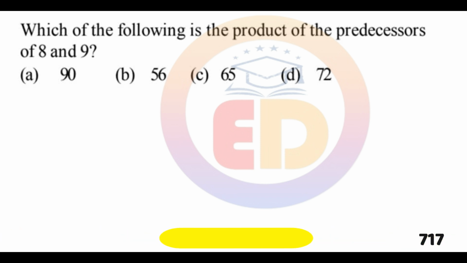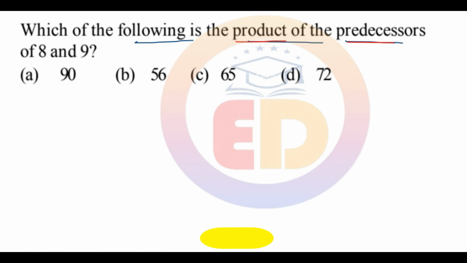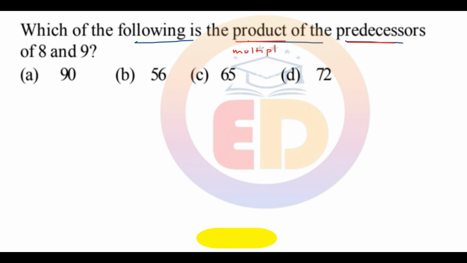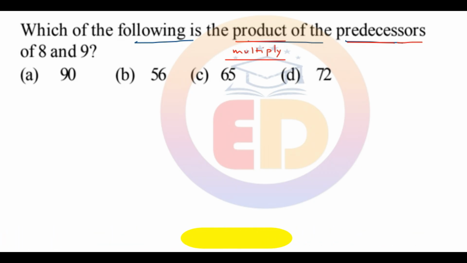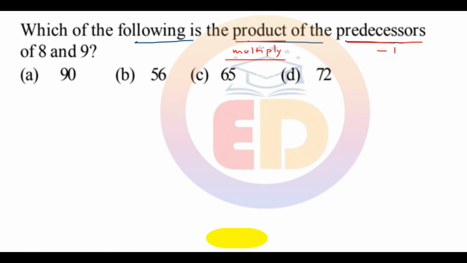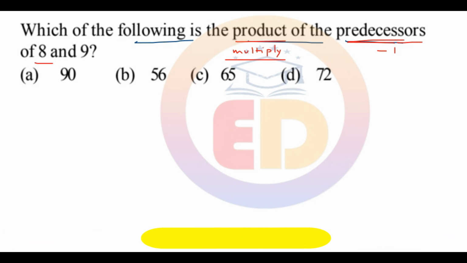Which of the following is the product of the predecessor of 8 and 9? Product means we have to multiply. Predecessor is a number which comes before the number, and to get the predecessor you subtract 1 from the number. Solving this question, we have to first take the predecessor of 8 and 9.